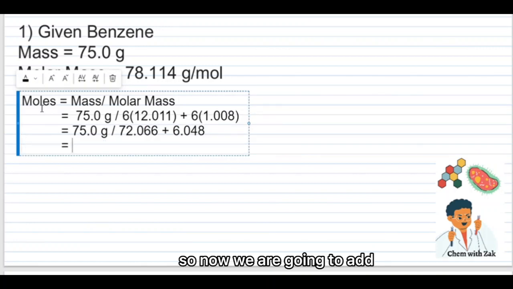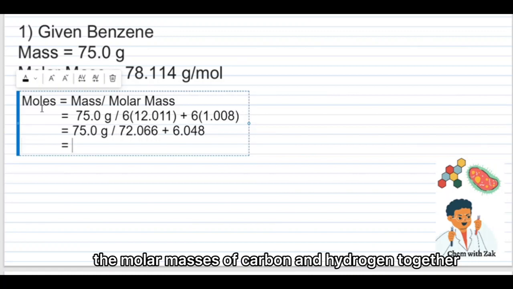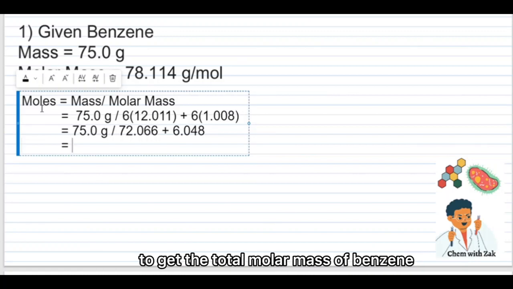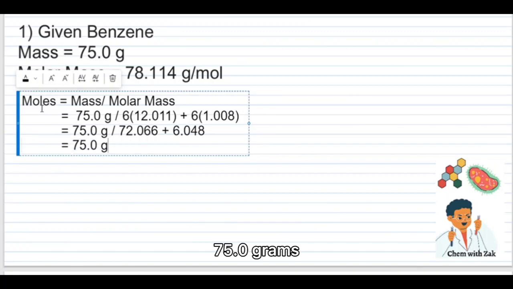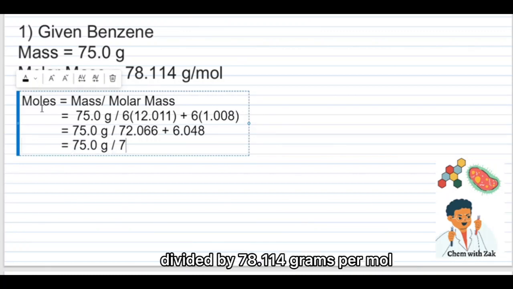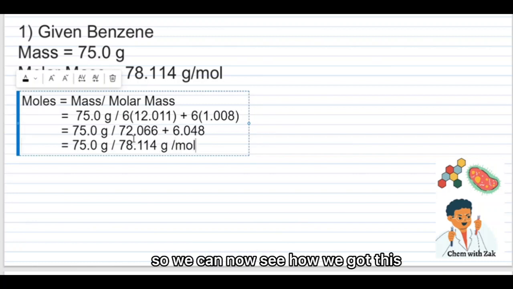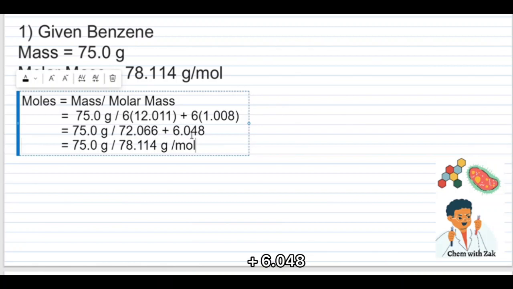Now we add the molar masses of carbon and hydrogen together to get the total molar mass of benzene: 75.0 gram divided by 78.114 gram per mole. We can now see how we got this: we added 72.066 plus 6.048 and got 78.114 gram per mole.